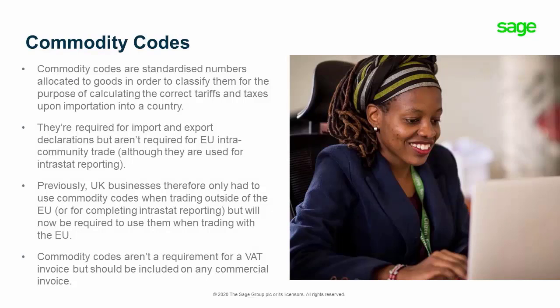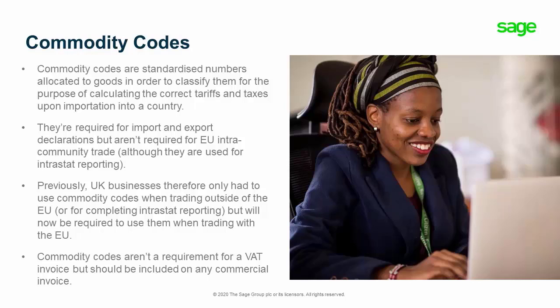Let's move on to commodity codes, which are standardised numbers allocated to goods in order to classify them for the purpose of calculating the correct tariffs and taxes upon importation into a country. They're required for import and export declarations, but aren't required for EU intra-community trade, although they are used for Intrastat reporting.